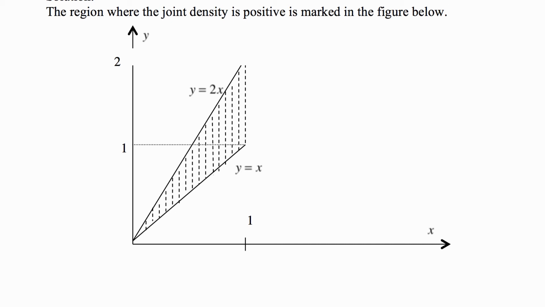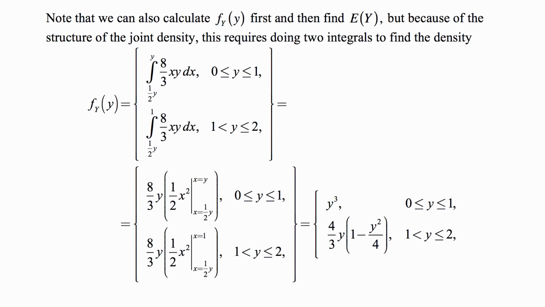But if y is between 1 and 2, then the possible values of x are between those from the line y equals 2x and where x equals 1. So here is this done exactly.